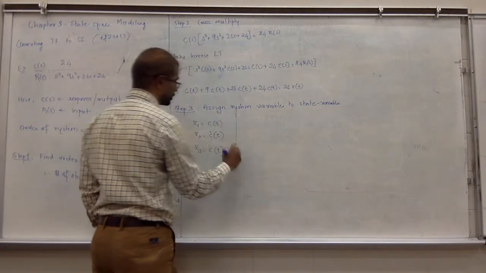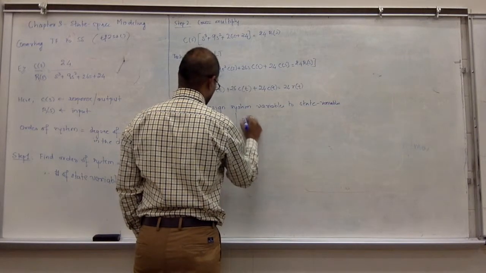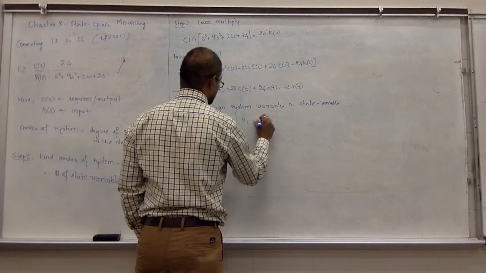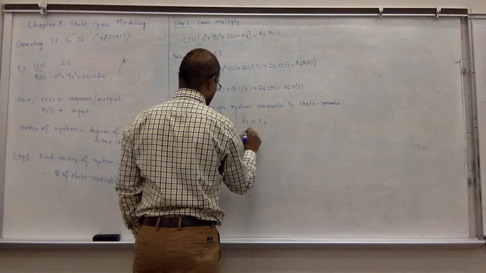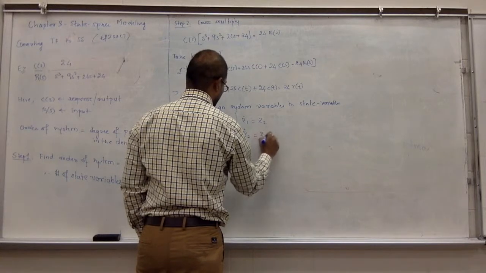Accordingly, what you're going to get is Z1 dot is equal to Z2. Z2 dot is Z3.